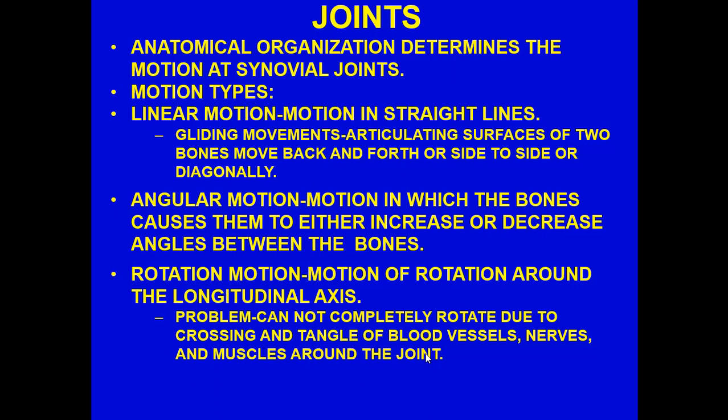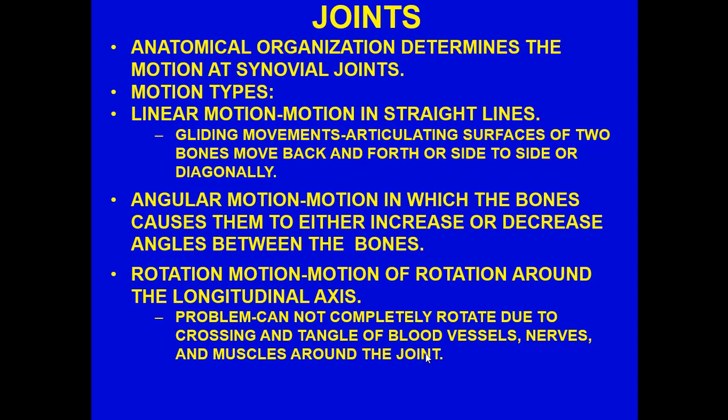Can't do that with human beings. In short, what keeps your hip from basically going completely around in a circle is that you would basically cross and eventually tear, because these blood vessels, nerves, muscles, and ligaments would restrict movement at the hip joint. Okay?